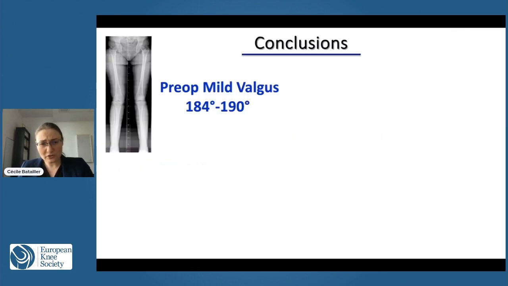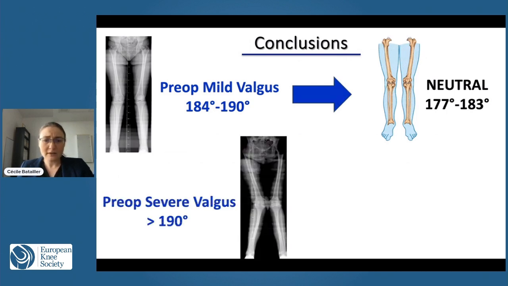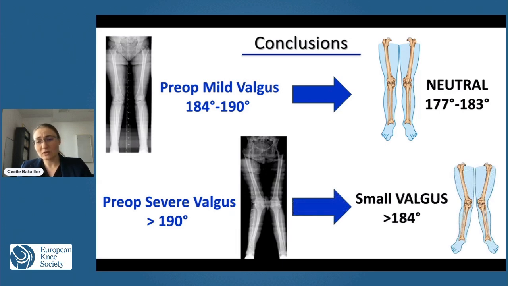So in conclusion, when we have a preoperative mid-valgus knee deformity, we try to obtain a neutral knee alignment after the total knee arthroplasty. And if we have a preoperative severe valgus knee deformity, so more than 10 degrees of valgus, we try to keep a small valgus deformity after the TKA, so more than 4 degrees of valgus.